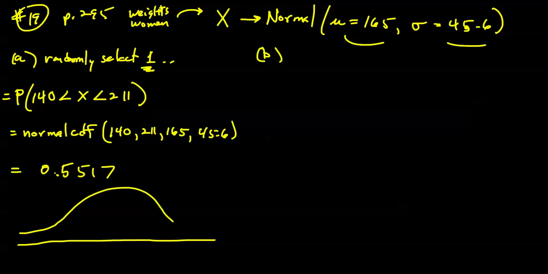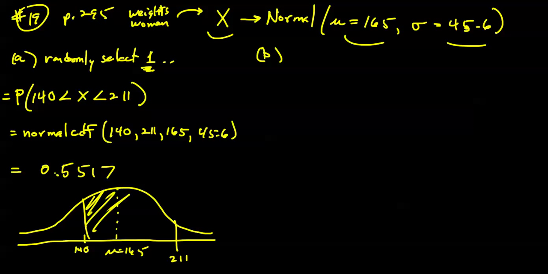So all this is really a probability that I can interpret graphically as shown here. Women's weights are normally distributed with a mean of 165. And we want the probability that a randomly selected woman is between 140 and 211.